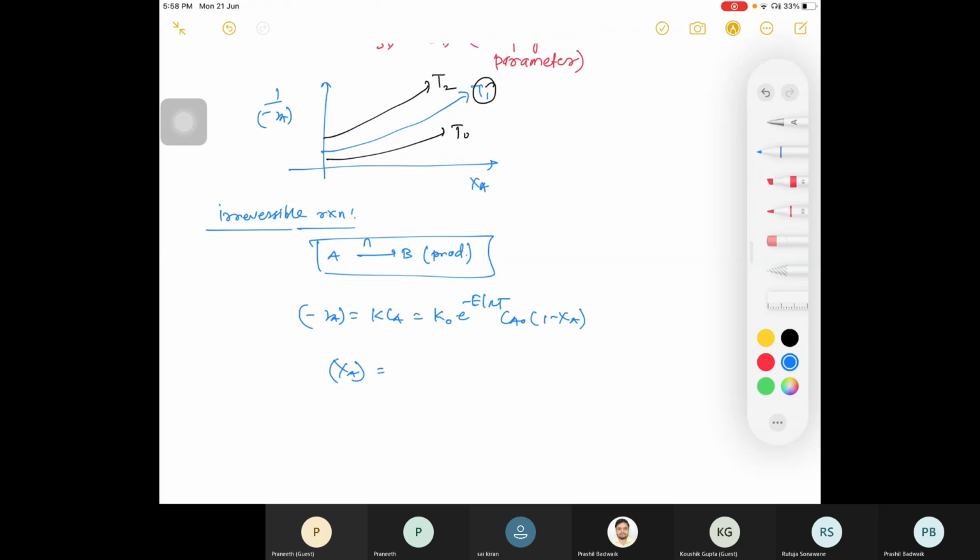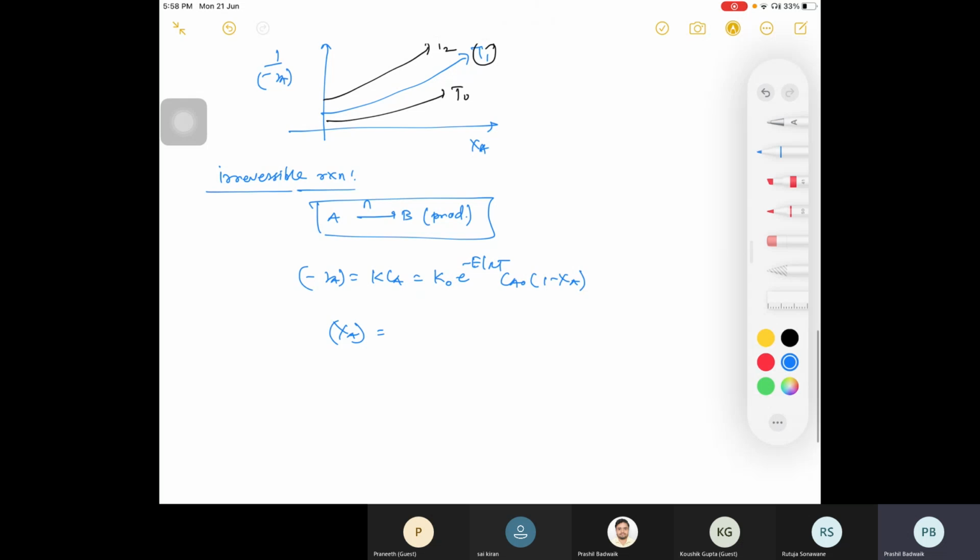Xa, and tell me what is your variation, like how temperature and conversion are varying at a constant value of your rate, for minus Ra to be constant.